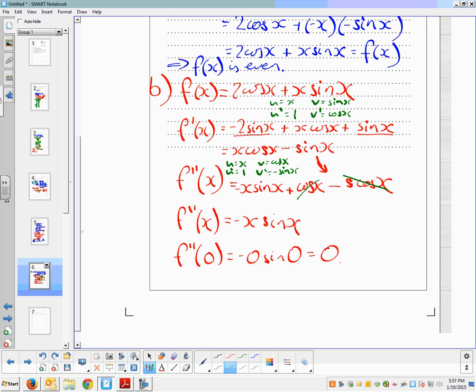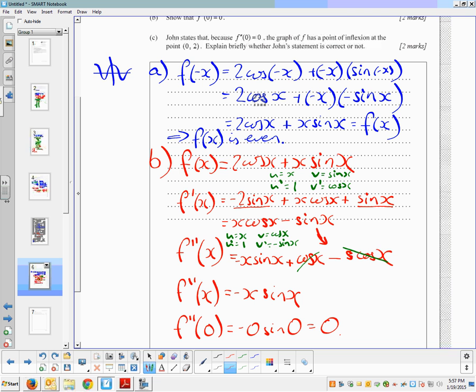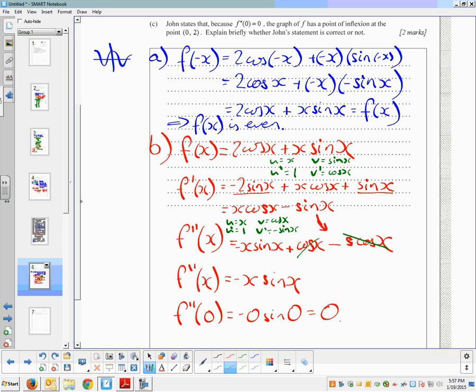And then part C: John states that because f double dashed of 0 is 0, the graph of f has a point of inflection at (0, 2).